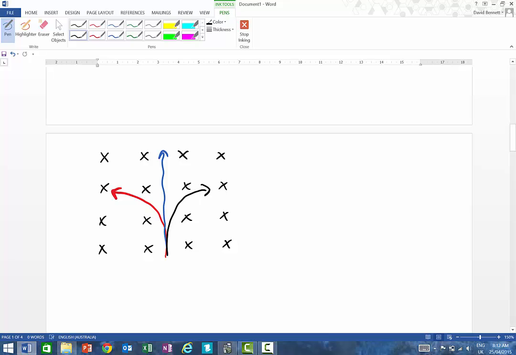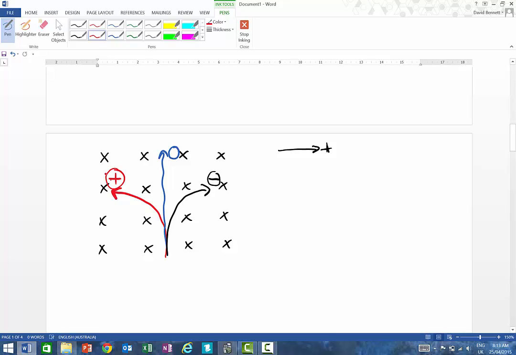Conventional current is positive charge. So that's the direction of a positive particle moving in that direction. So the red one over here would have to be a positively charged particle. The blue one, because it doesn't actually move, means it's got no charge at all. And the black one, if you think about that, has to be a negatively charged particle. And we'll look at that in class if you are not quite sure about that.